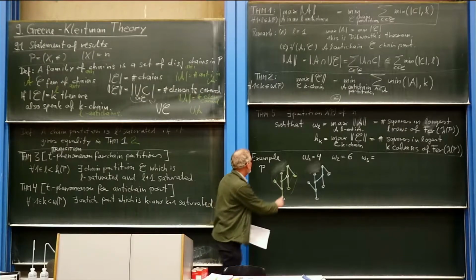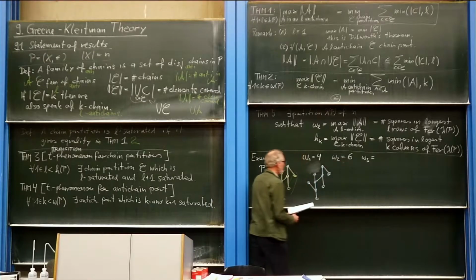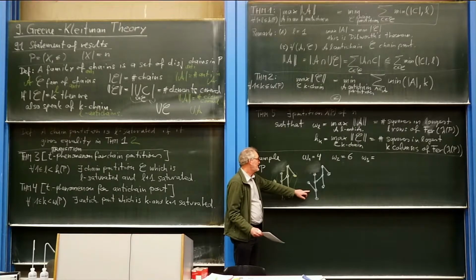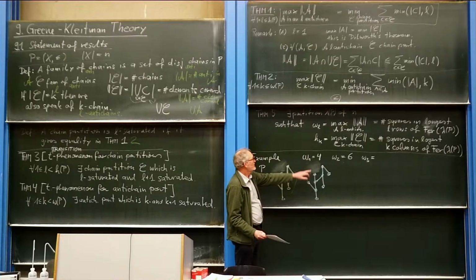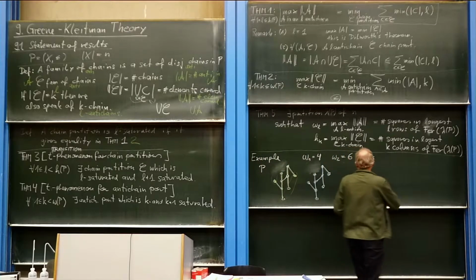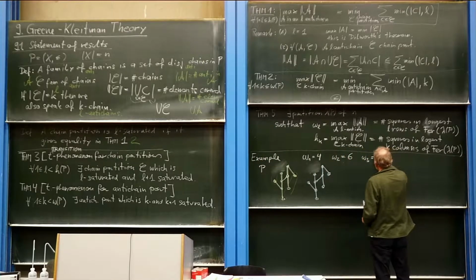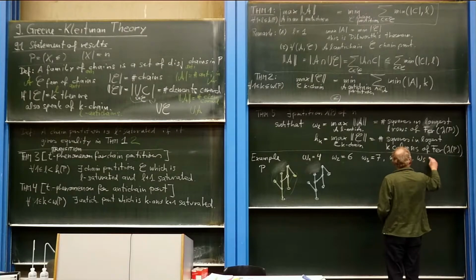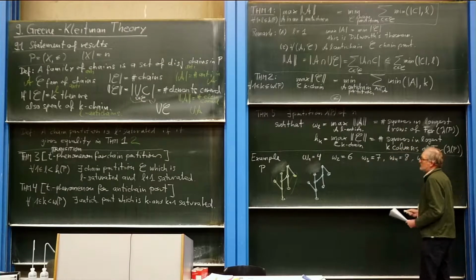Still the first two things are true, and now looking at this chain partition, we immediately see that W3 is equal to 7, W4 is equal to 8, and W5 is equal to 9.